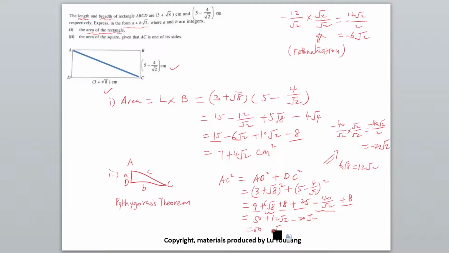So I replace these two terms respectively, and I get 50 minus 8 square root 2 for my AC square. And AC square is just the area of the square, so therefore I do not need to find my AC here.